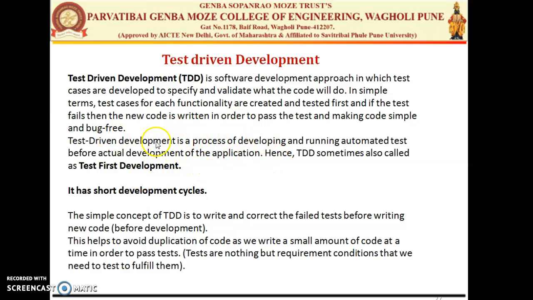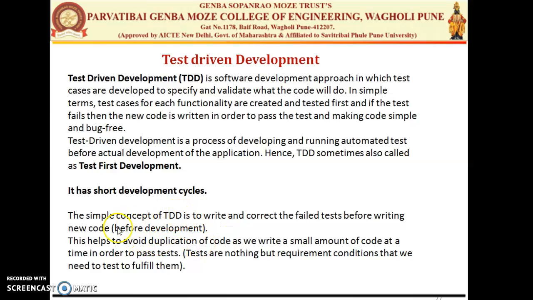So firstly the test happens for that particular code and then that code is added to your application. It is sometimes also called test first development. That means test first and then add to the application. It has shorter development cycles. The simple concept of TDD is to write and correct the failed test before writing the new code.